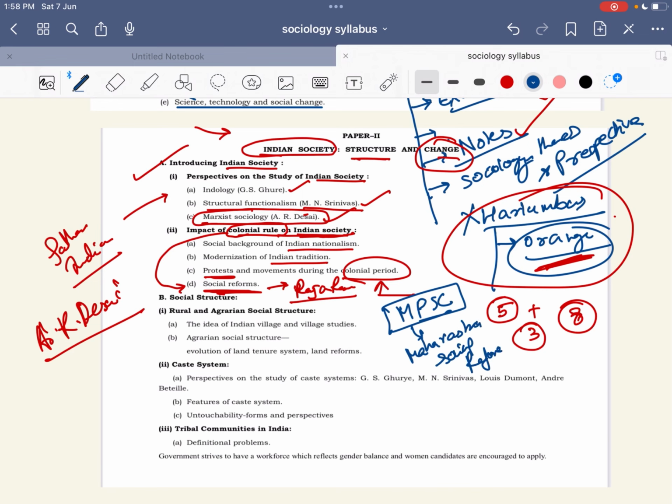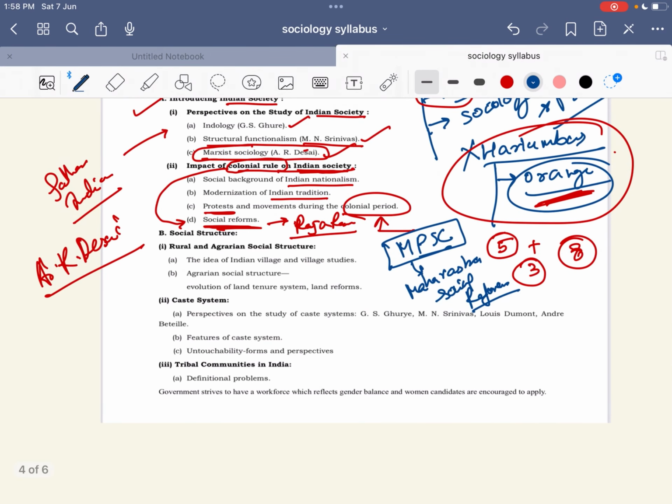Okay, why? Because see, ये MPSC क्या करेगा? We cannot predict now. It will ask from all India also, and it can ask from the Maharashtra specific part also. Understand what I am telling? So you should be ready there, especially MPSC candidates.